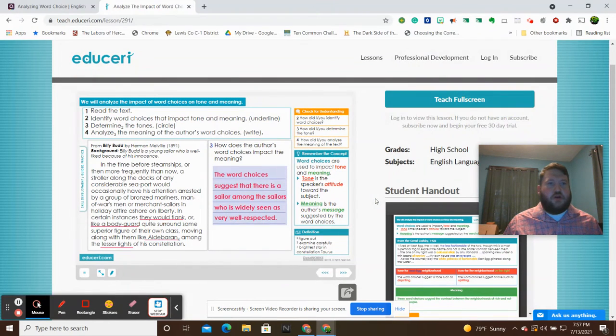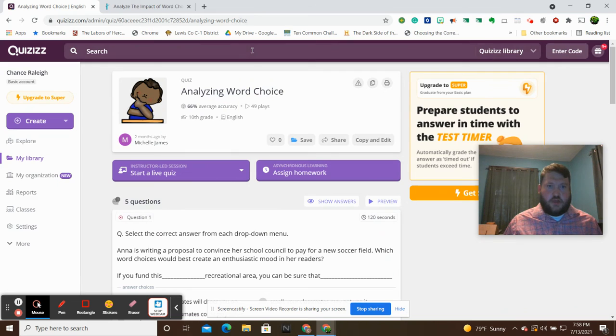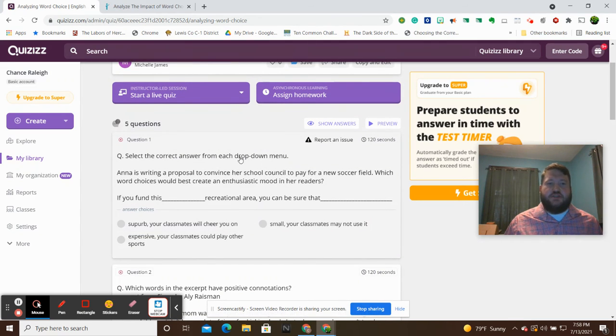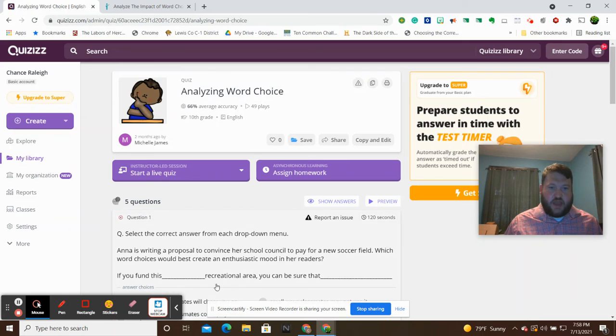For more independent work, I would probably transition to something along these lines, something like a quiz, and have them work through a quiz specifically on analyzing word choice or reading particular sections, and then maybe some multiple choice to go along with that.